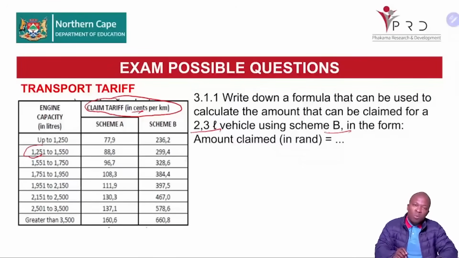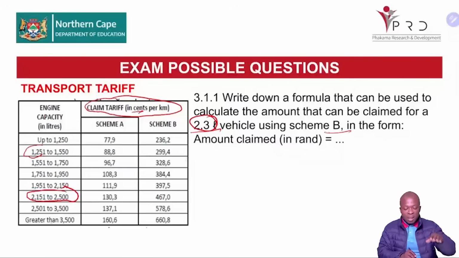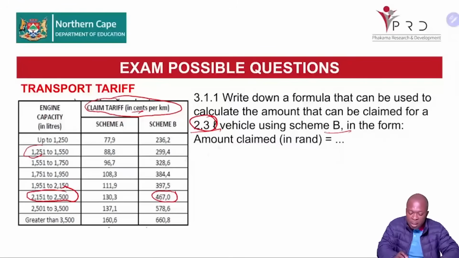So what you do, you go and look for where you can find 2.3. So it means we are going to find it somewhere here, because it's from 2.15 up until 2.5. So along the way you will find 2.3. Then what is our tariff? It's 467 cents. So the examiner says write a formula to calculate what? Claim.